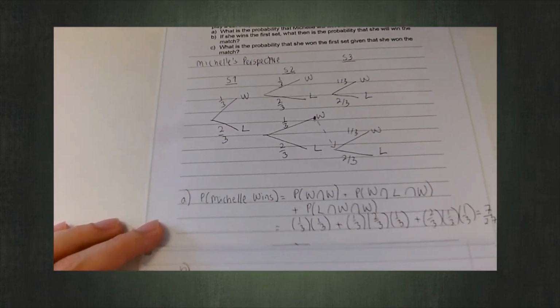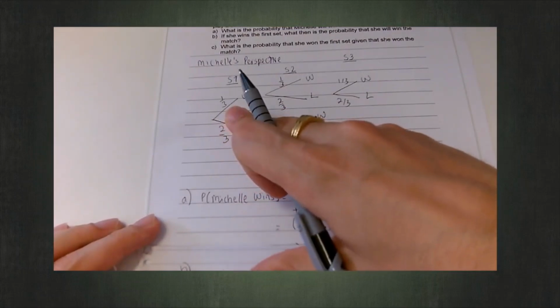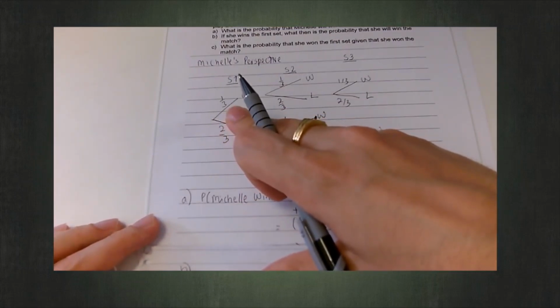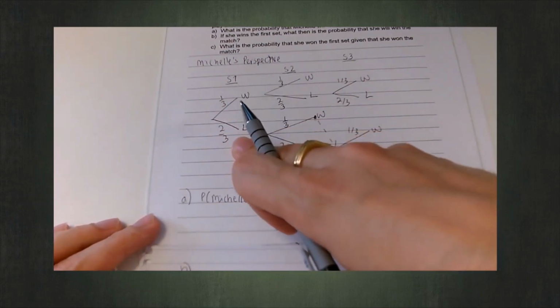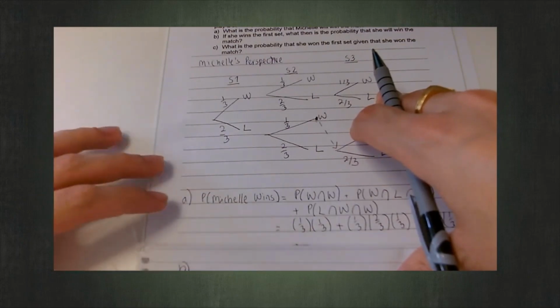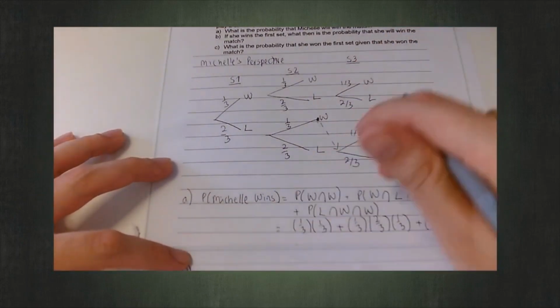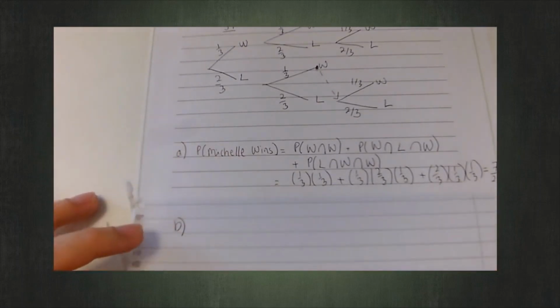So if she wins the first set, which is here, that's basically what all the question's about. If she wins the first set, what's the probability to win the match? Well, then we don't need to regard her losing the first set at all, or losing the match from that position. So what we can do for part B, where it means if she wins the first set, what's the probability of winning the match?